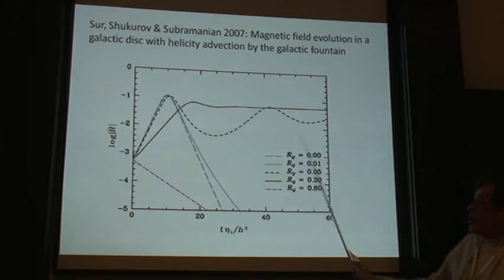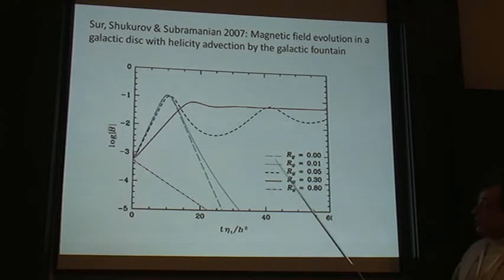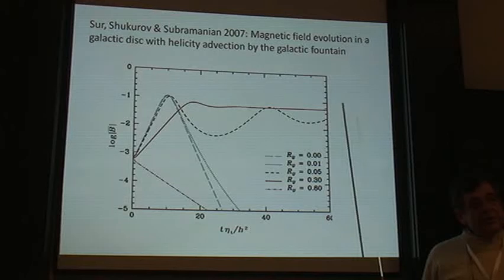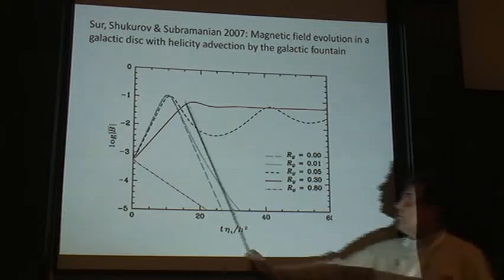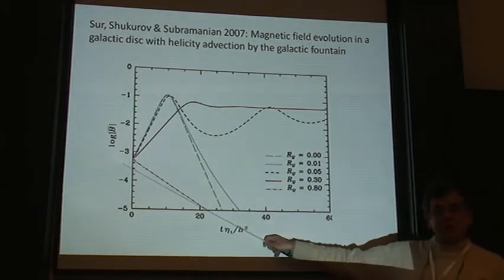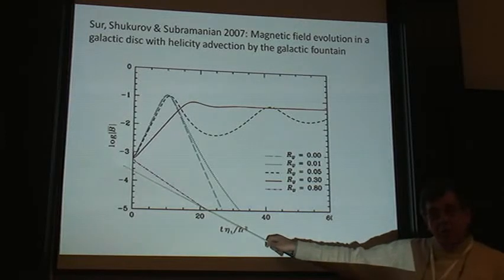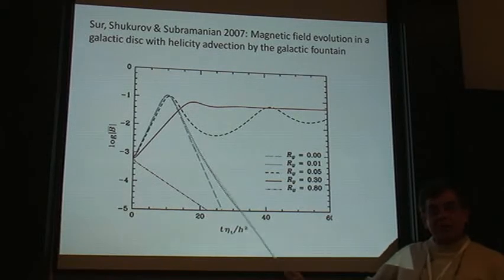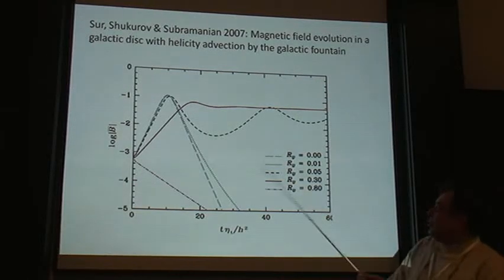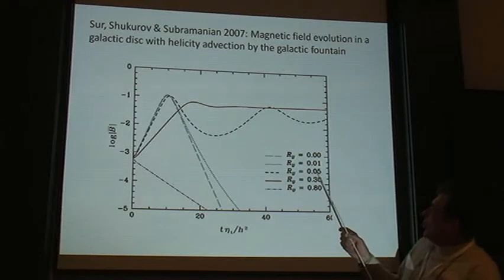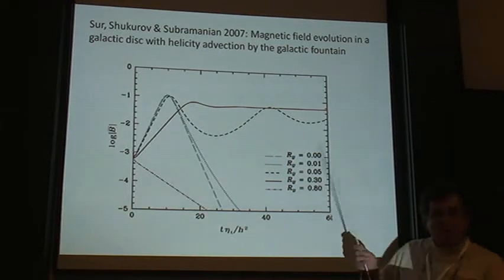But there is a range of outflow speeds where the dynamo happily sits between the catastrophe due to helicity oscillation and the catastrophe due to the too strong advection. So, where are the real galaxies? It would be impossible luck to find real galaxies exactly within this window between 0.05 and 0.3, 0.1, 0.2.